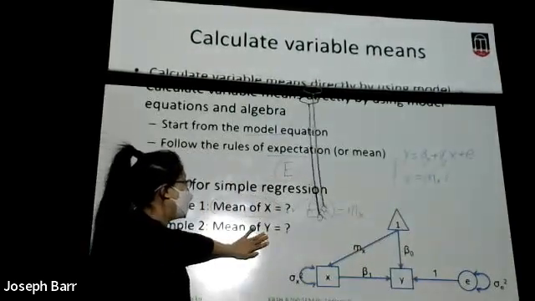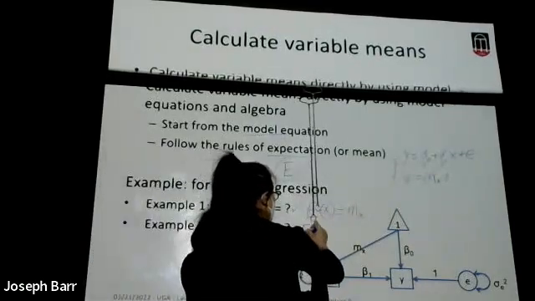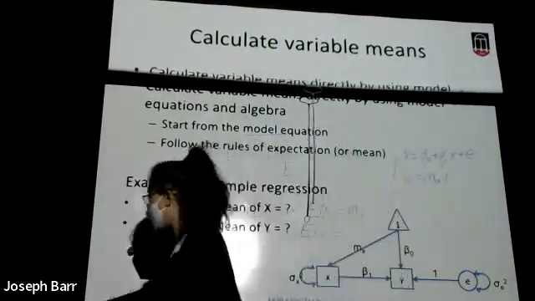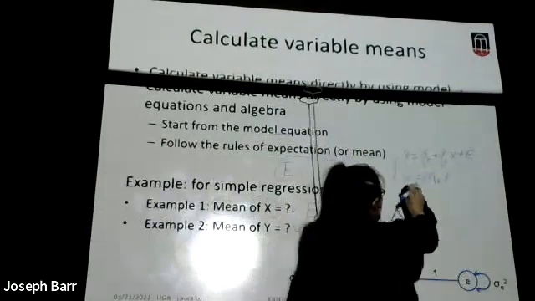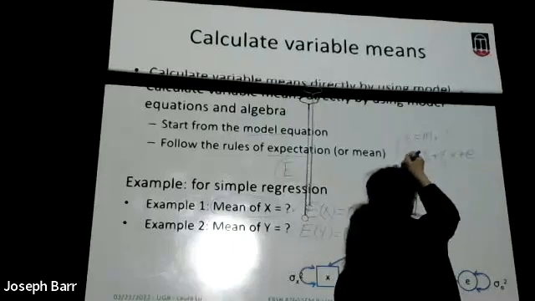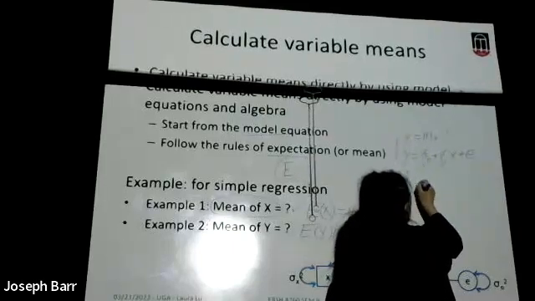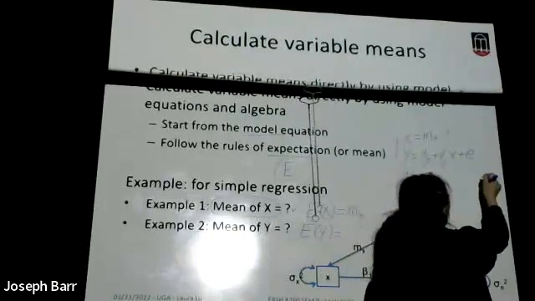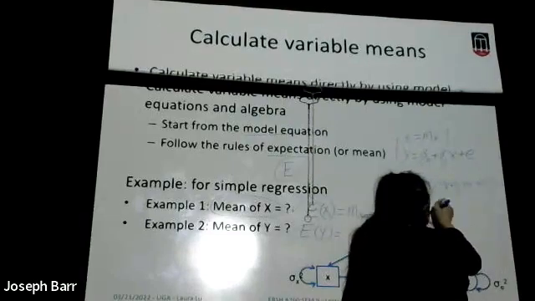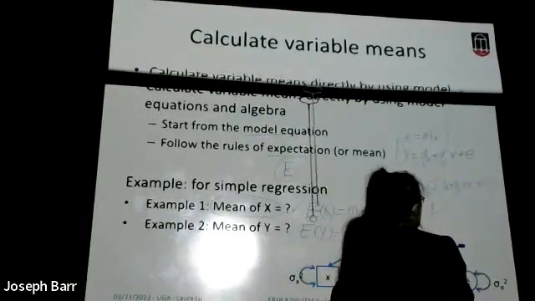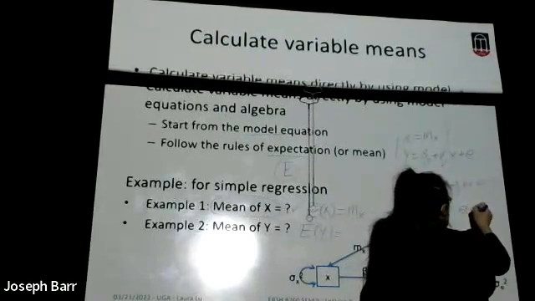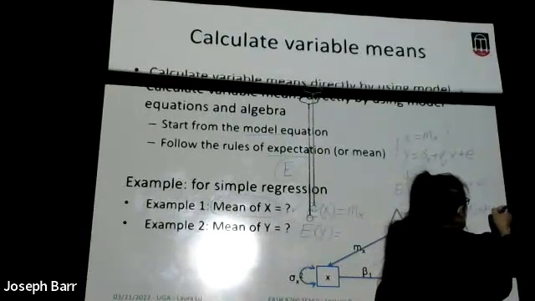Mean of y. Now we need to check the mean of y, the expectation of y. So the expectation of y is just the expectation of all of this: beta 0 plus beta 1 times x plus e. Beta 0 is a constant itself, and beta 1 is a constant, so we take it out. And then the expectation of x, and then the expectation of e.